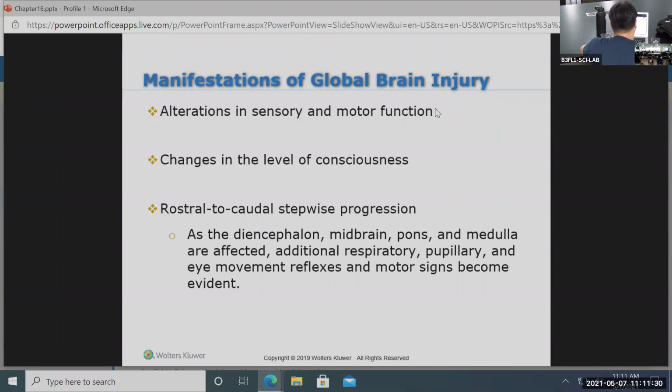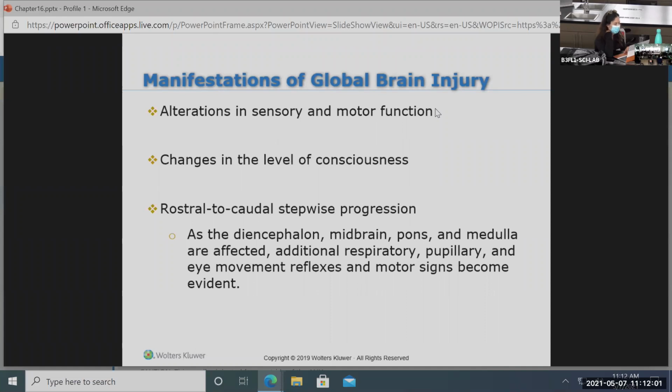That's why they said from rostral to caudal. Midbrain, pons, medulla form what? Brainstem. Very good. These three structures together form the brainstem.